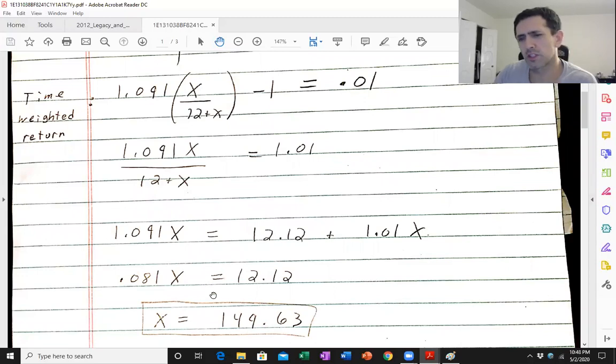So the numbers are similar to the homework example, the homework problem 522, but you actually get quite a bit different answer. I think X is 60 in the homework. Okay, anyway, so we do the dollar-weighted return, just like we mentioned. You take the future value of all your deposits.